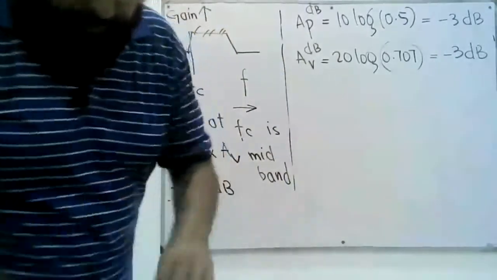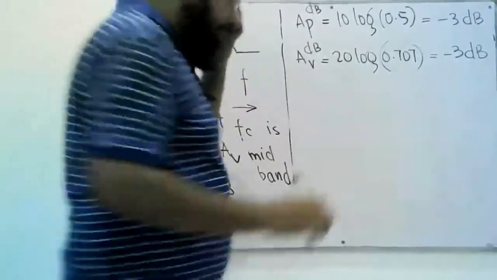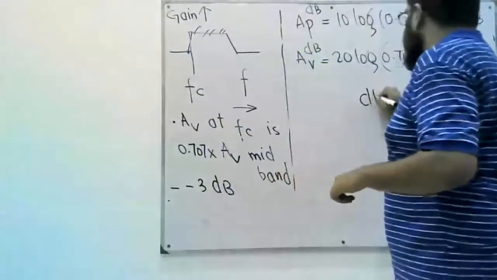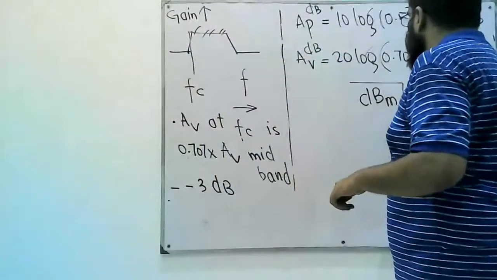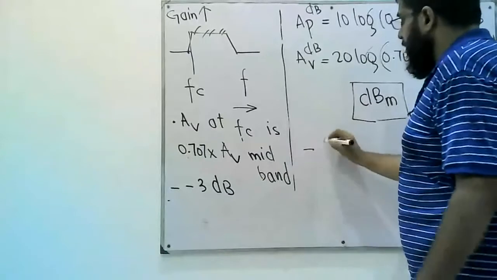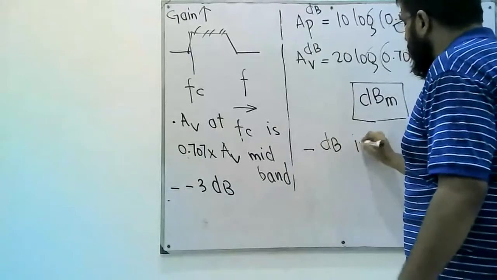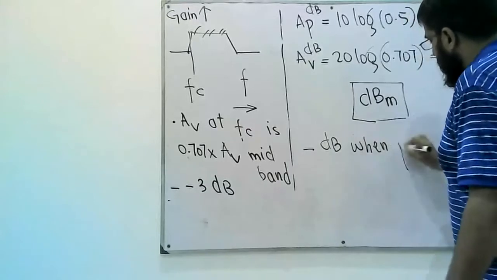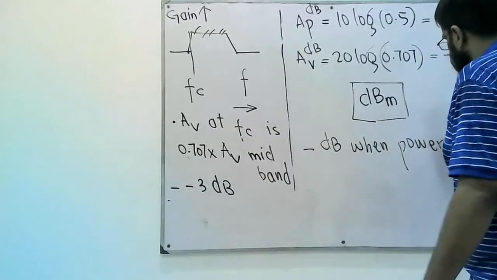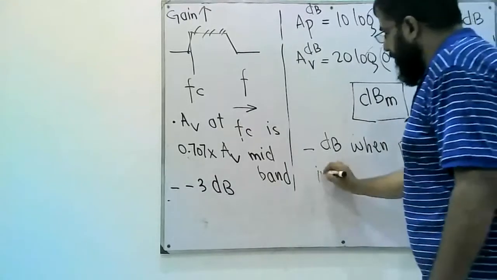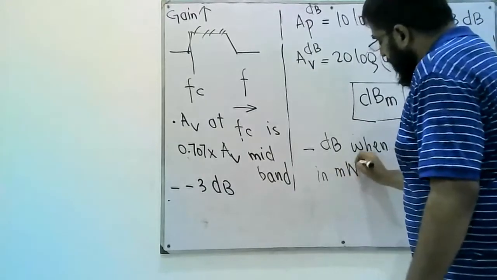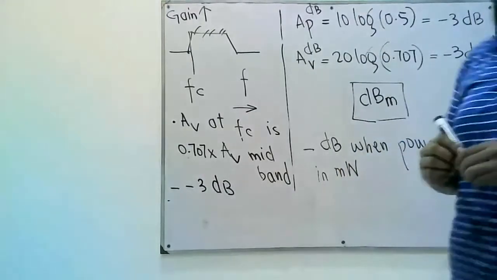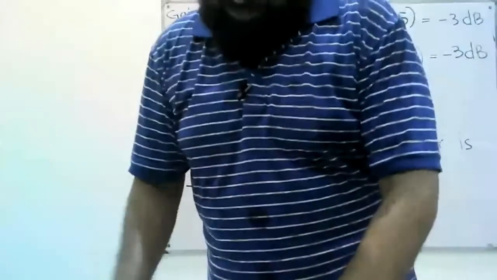And then we have dBm. Sometimes we use the term dBm instead of dB. This refers to dBs when power is in milliwatt. Instead of watt, if it is in milliwatt, we call it dBm.